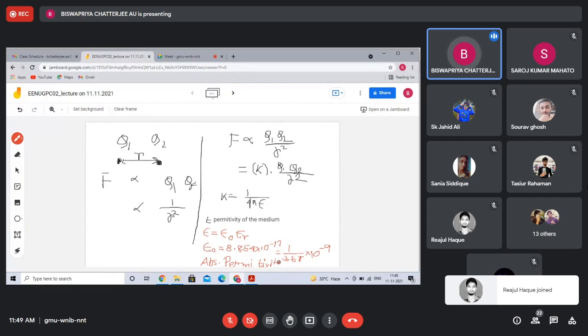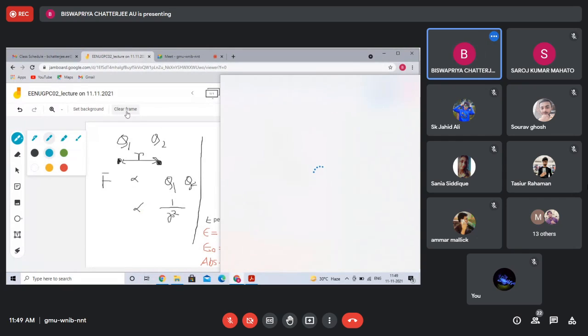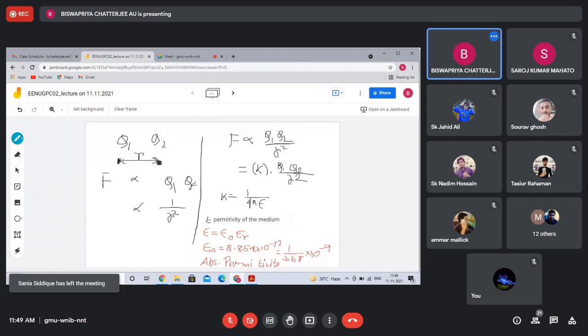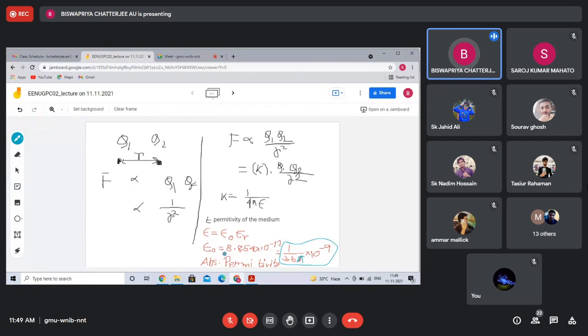Now in numerical problems, it is better to use this value, 1 upon 36 pi into 10 to the power minus 9, rather than 8.854 into 10 to the power minus 12.